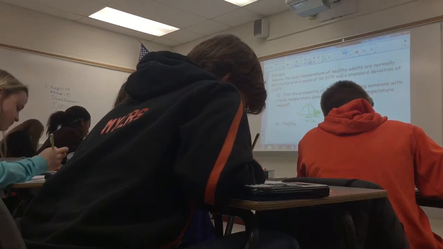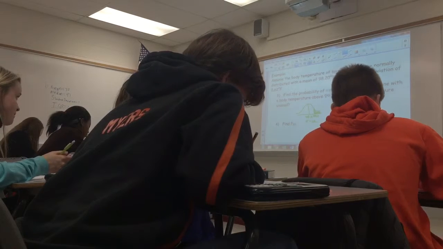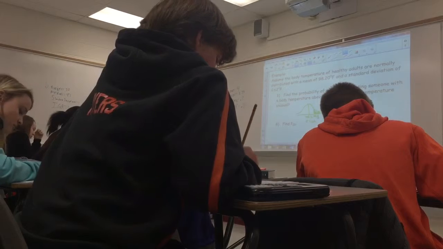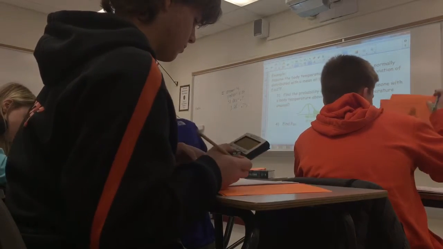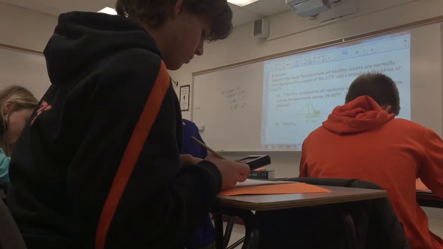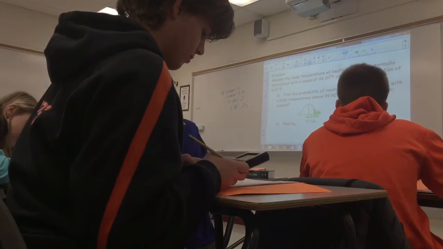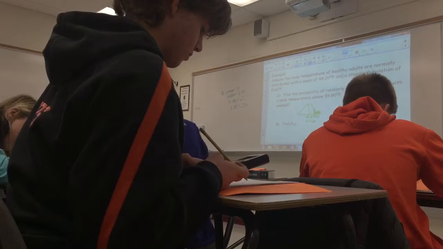Okay, so let's find the z-score. The z-score would be the number we're looking for, 99.9, minus the mean, 98.2, divided by the standard deviation of 0.62.